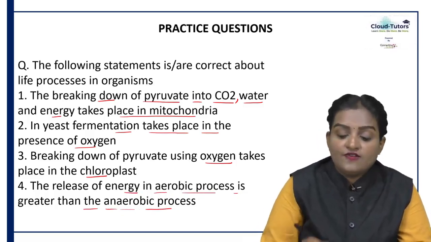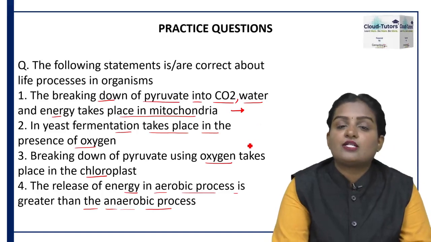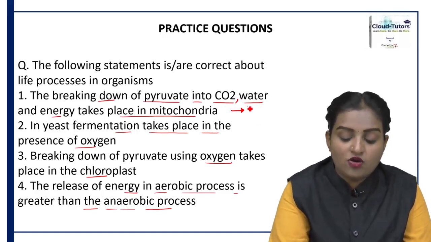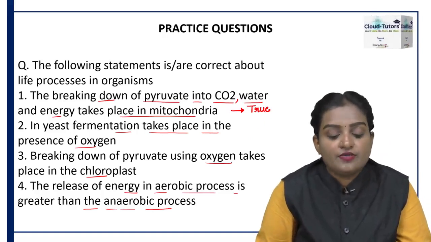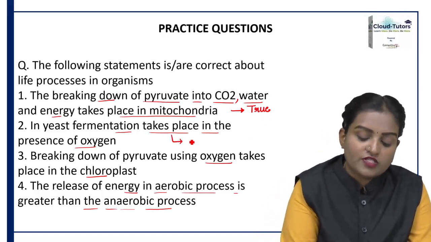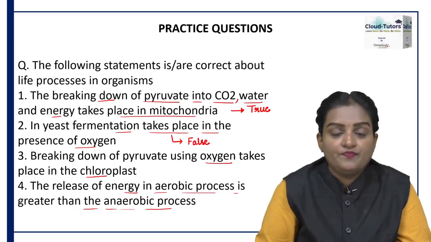So if you see which statements are true. So first statement says pyruvate is broken down completely in mitochondria, which is a true statement. Second, yeast fermentation occurs in presence of oxygen. This is false because it is anaerobic respiration.